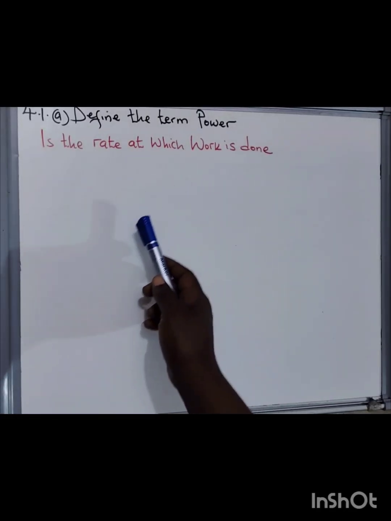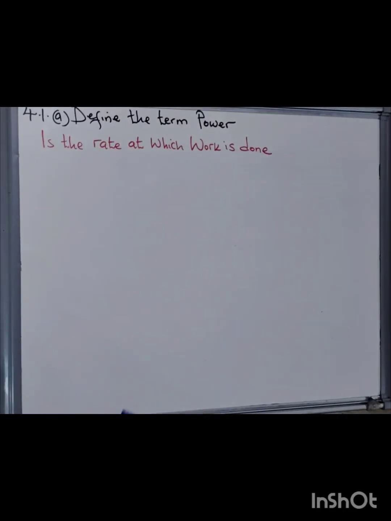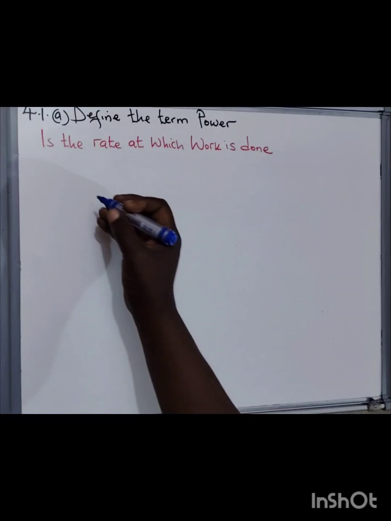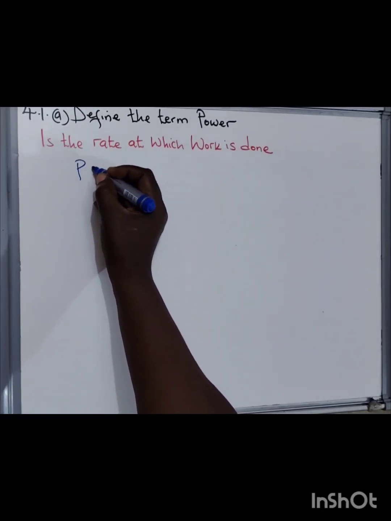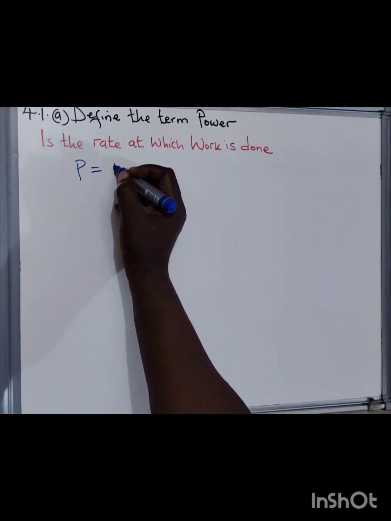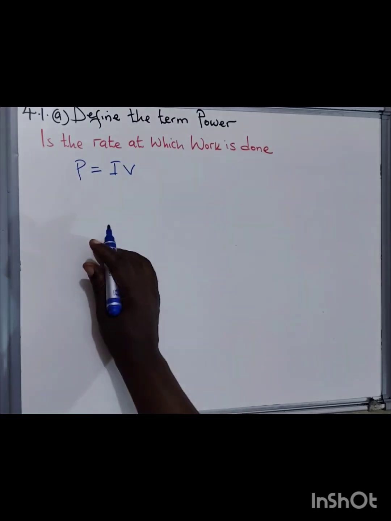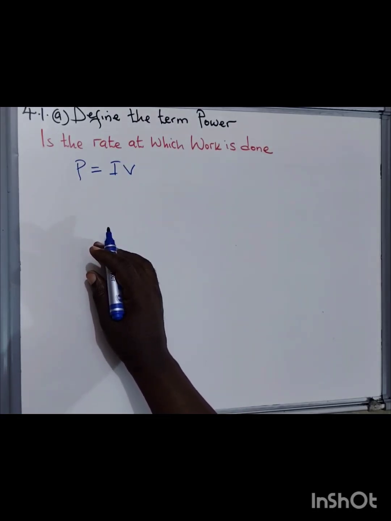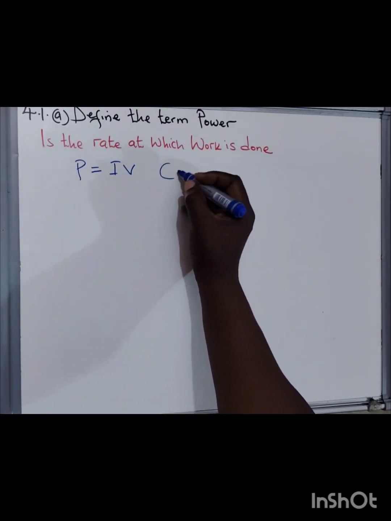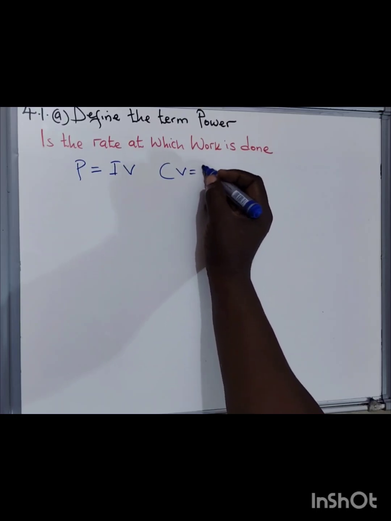Yes, that is it. But here you have to be reminded that the primary equation for power is current times voltage. But you have to remember that V is equal to IR.